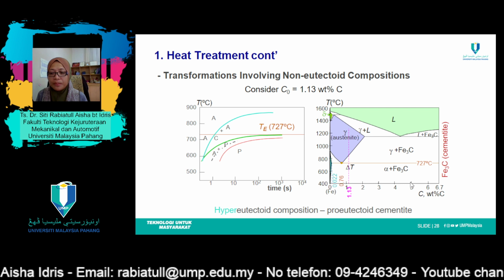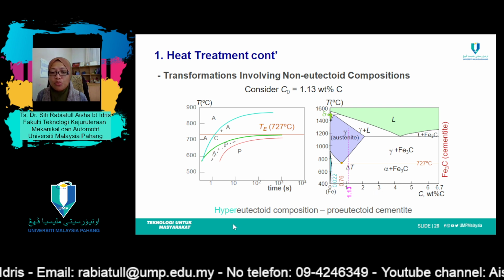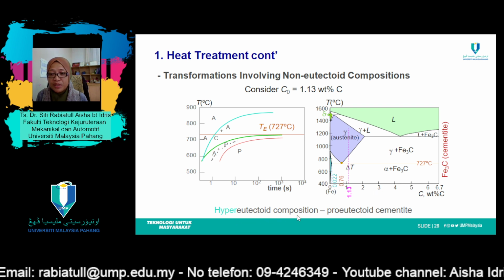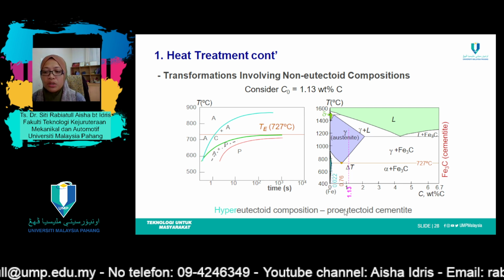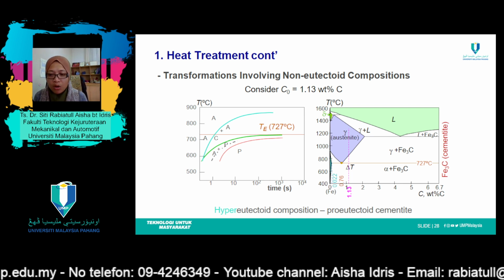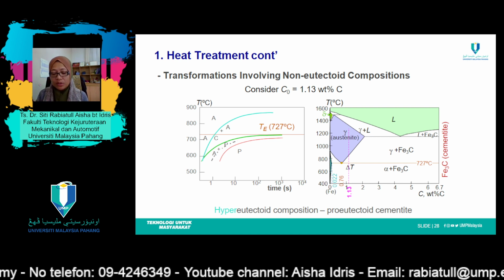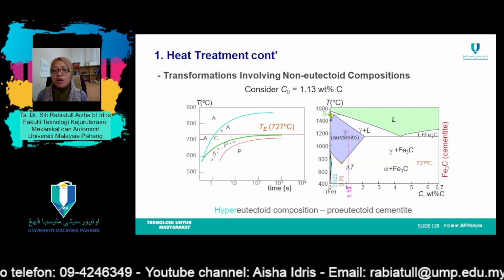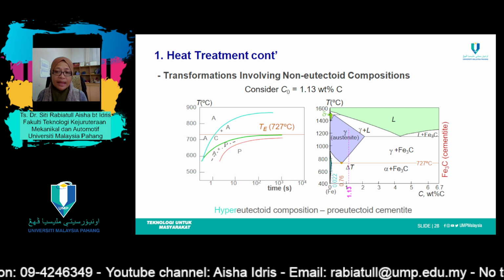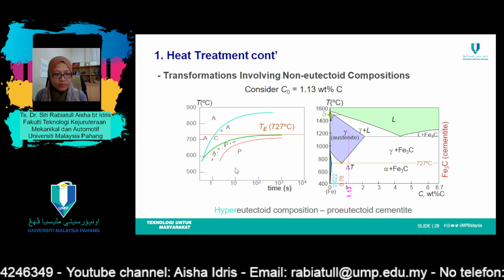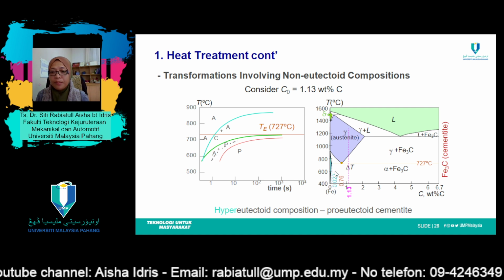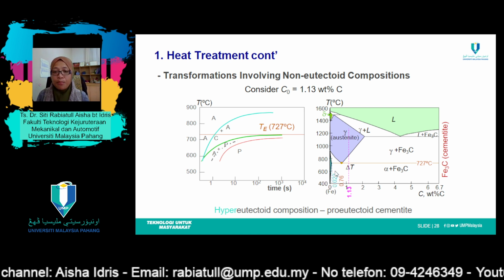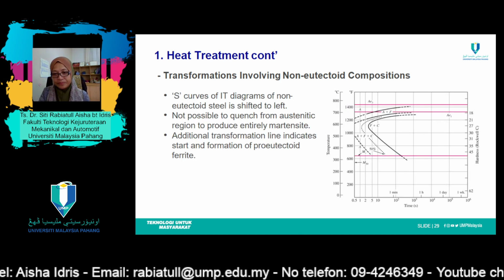Beyond that percentage is known as hypereutectoid composition, whereby it has proeutectoid cementite. And below that is called hypoeutectoid.